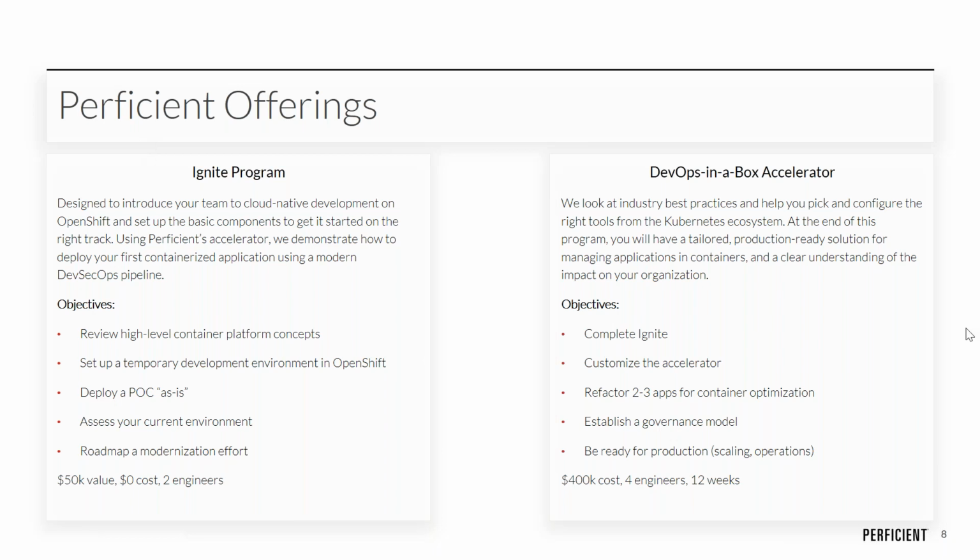One is the Ignite program. That's a program in partnership with Red Hat, where some funding is coming from Red Hat and Intel, some funding is coming from Perficient, and we're investing in your organization to help you assess your current state and the fastest migration path.